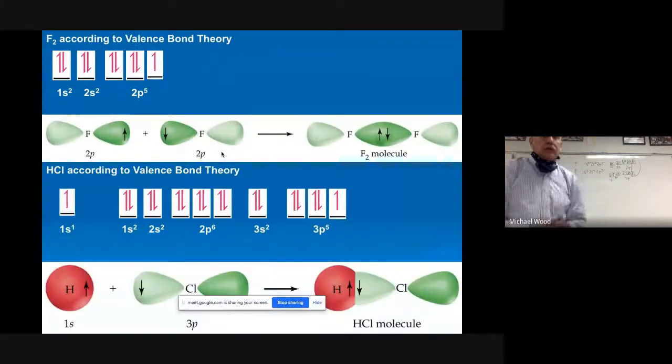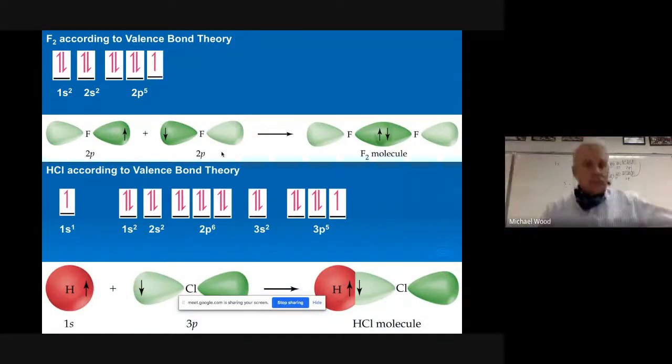Okay, so here's another example. Here's HCl. The H is over there on the left with the 1s1. And then there's the chlorine, 1s2, 2s2, 2p6, 3s2, 3p5.